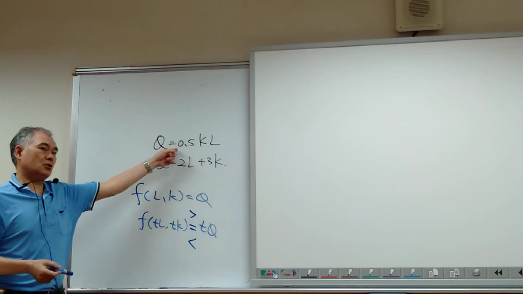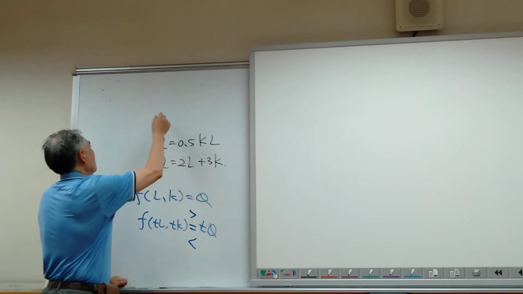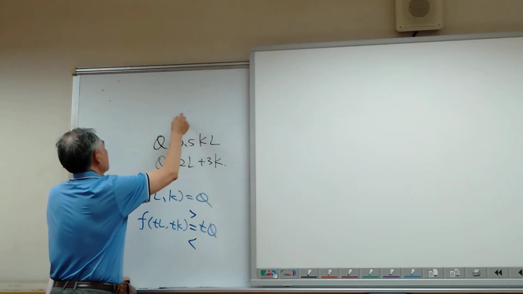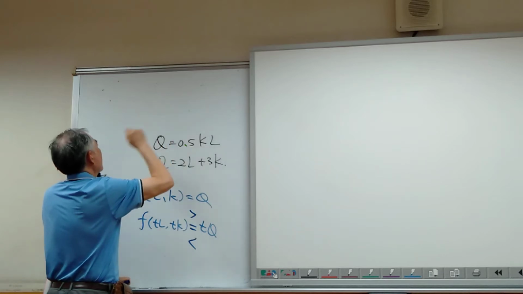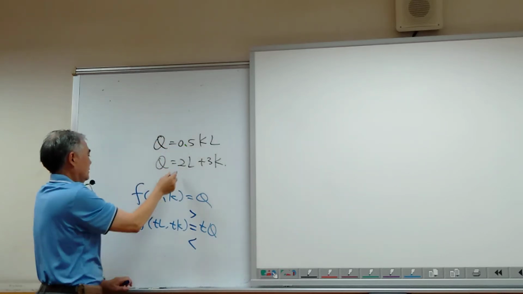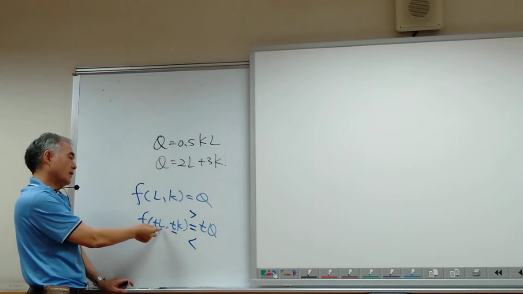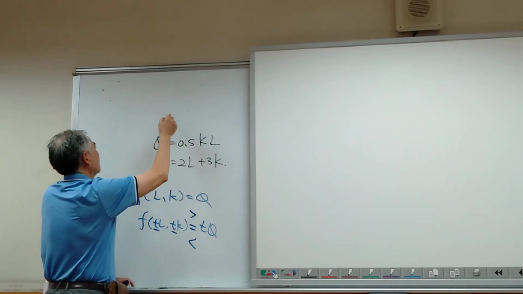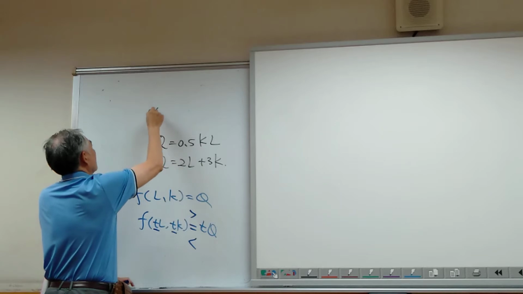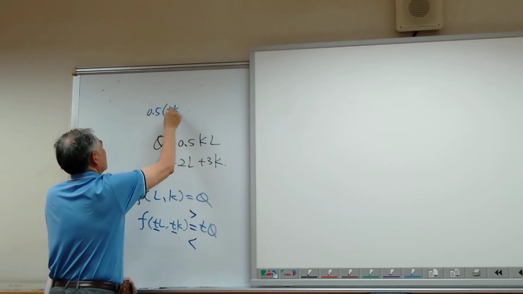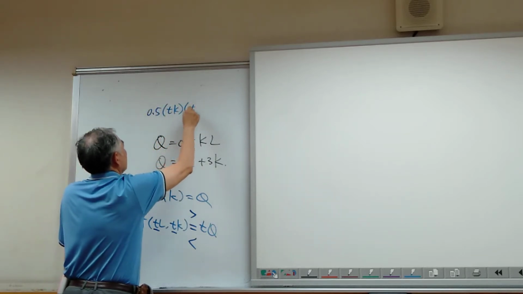So now let's check this. You use T times L and T times K. So what you get? You get 0.5 TK and then TL, right?